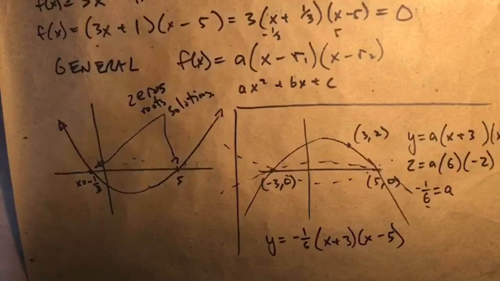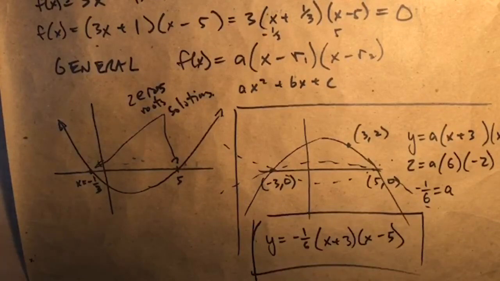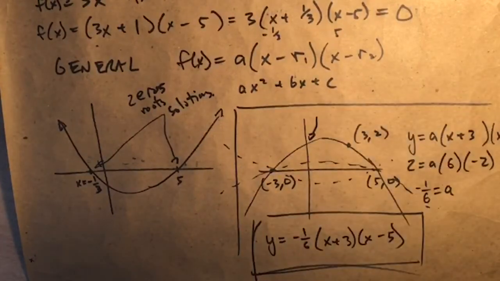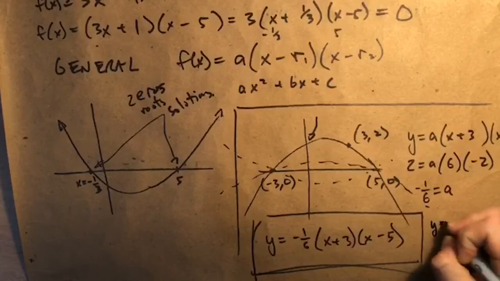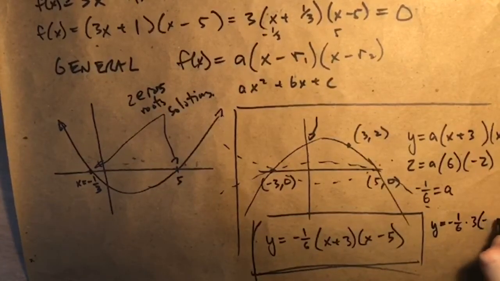And the last thing that I will say here is there is no reason to multiply this thing out. That's something that I would consider to be a waste of life. If I needed to know what the initial value was here, the c value, what I could do is plug in x equals 0. And let's just do that for fun. Aren't we having fun? -1/6 times 3 times -5.